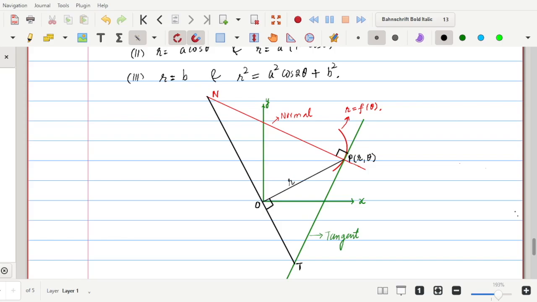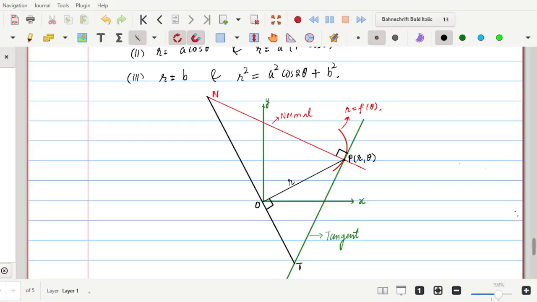Now, if we look at this picture, we have this red line as the graph of our equation r is equal to f of theta. Then at this point P, we have this line which we represent by PT here. It's the tangent at this point P. So this is our point P here, and PT is the tangent.